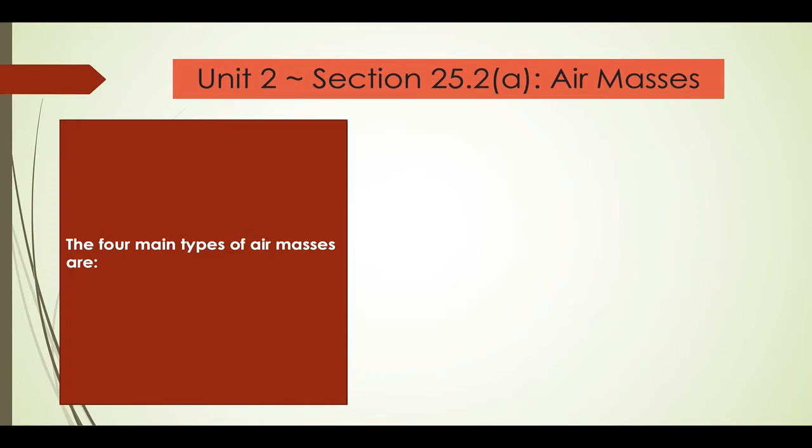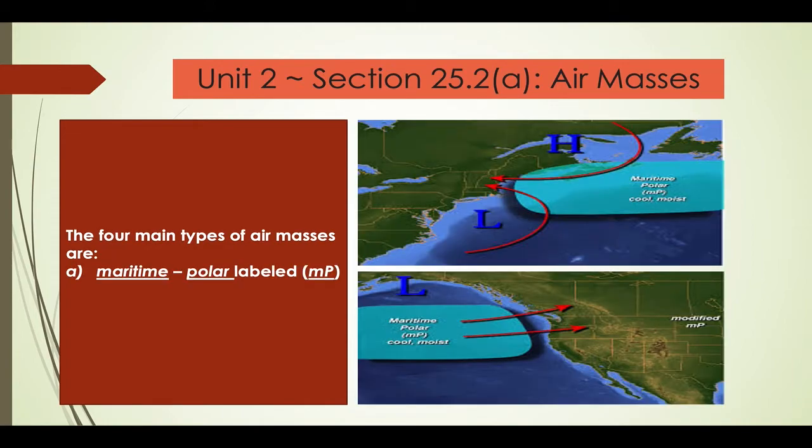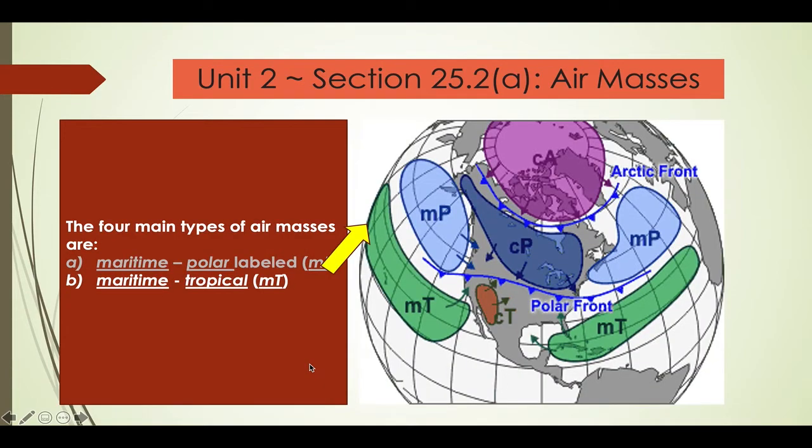So we have 4 main types of air masses. In summary are maritime polar. So it's coming from the north, from the polar region, and it's coming off the water into us. So we label it little m for maritime, capital P for polar. So that's the source region, that's a big region.